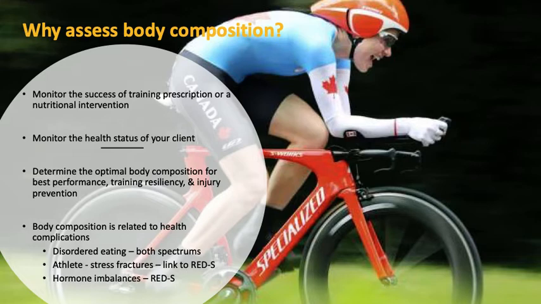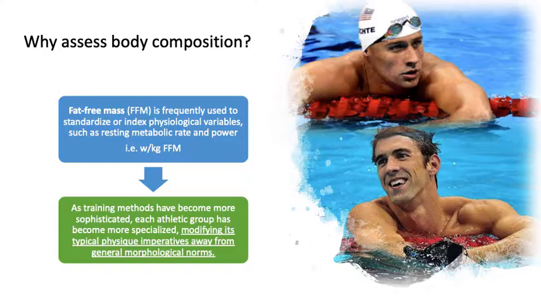So monitoring body composition changes can be a great tool to gauge the success of a training prescription, to monitor the health status of your client, and to determine the optimal body composition to reduce the risk of injuries, have training resiliency, and have good performance. Ultimately, it's about the health and well-being of your client. And if body composition assessment is a good tool for this, then I would integrate it in. A few more comments about why we assess body composition.